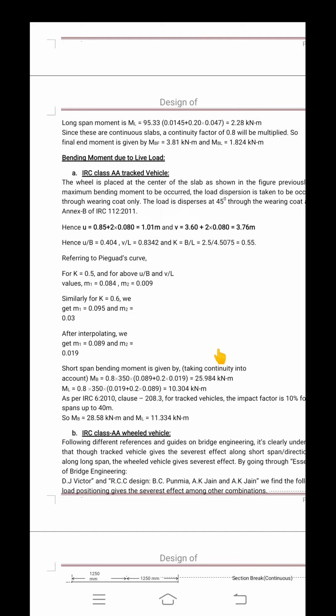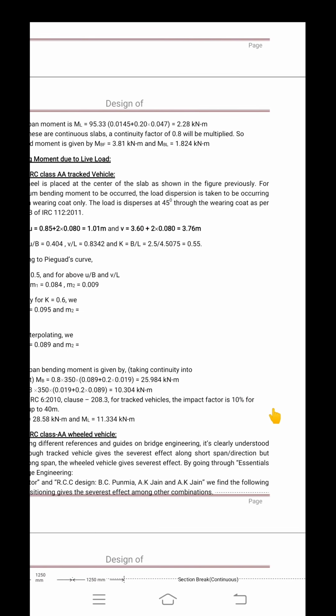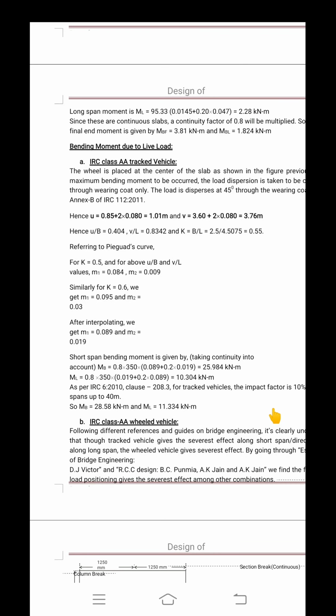But as this is your short span moment, as per IRC 6 clause 208.3, for tracked vehicles the impact factor is 10% for spans up to 40 meter. So we'll also check this one.